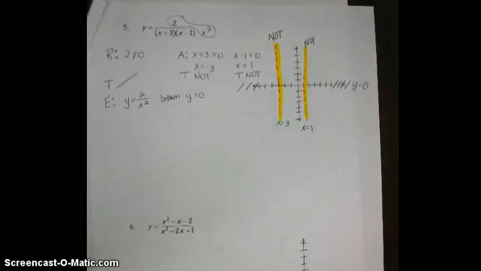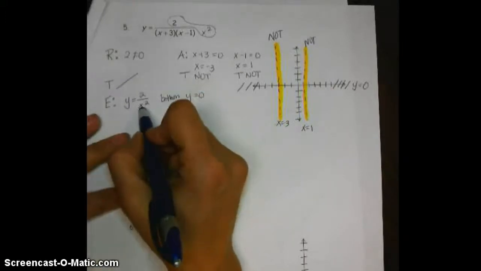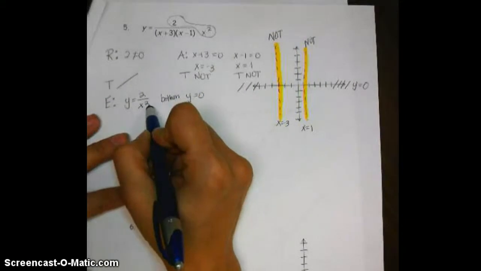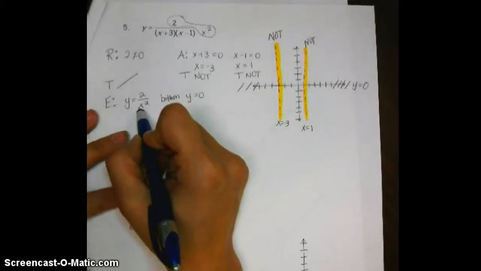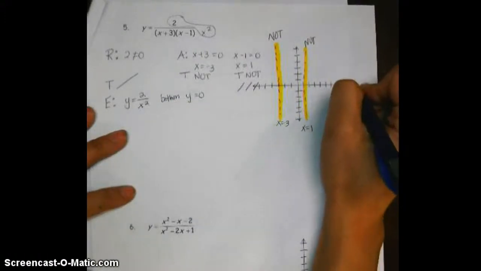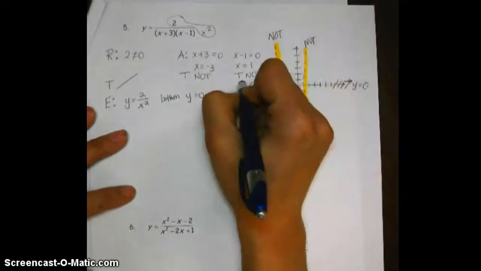My end behavior of the graph must be approaching 0. Also, because it's bottom heavy, I can also draw in some end behavior arrows already, because this looks like the rational squared function, and it's positive. I know that my end behaviors have to be above the x-axis.